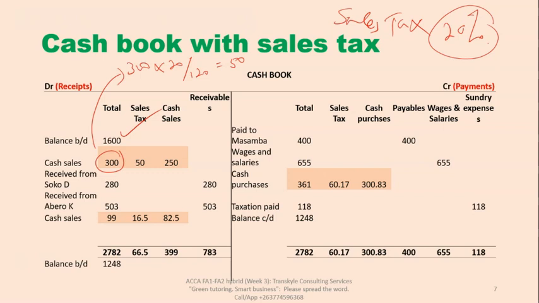So I said 300 multiplied by 20 over 120, that's 50. So you can see that the sales tax figure is 50. And then the remainder, the net figure, would be 300 minus 50, and you get 250. So simple, isn't it? Good.